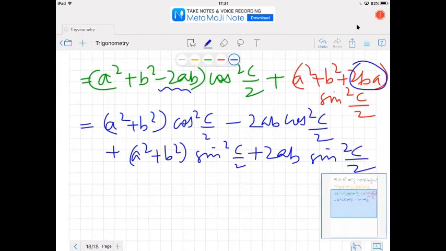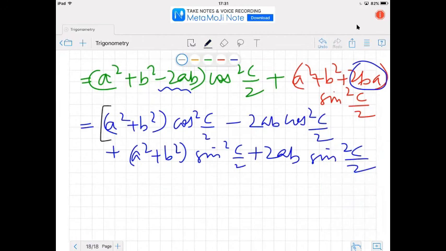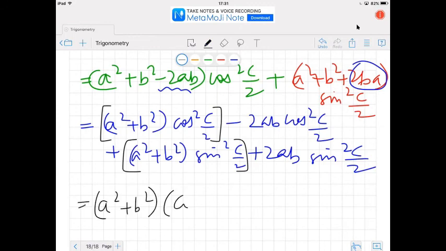All right, so I have a square plus b square common. Look at these two terms. ये दोनों टर्म में a square plus b square common है, so I'll take that outside and I have cos square c by 2 plus sin square c by 2 over here.